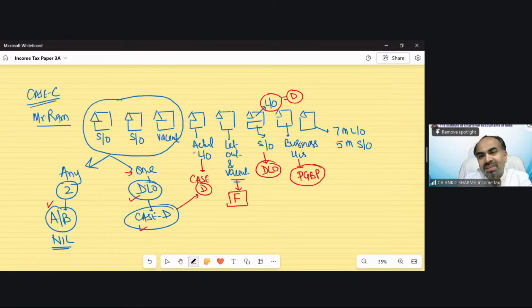If 7 months let out and 5 months self-occupied, that is also going to be treated as case number G. That is case number G we will discuss. So out of 7 cases, as I've told you, there are 7 circumstances: case number A, B, C, D, E, F, G. Out of these 7 cases, we have discussed the solution of A and B. C is not a solution case.